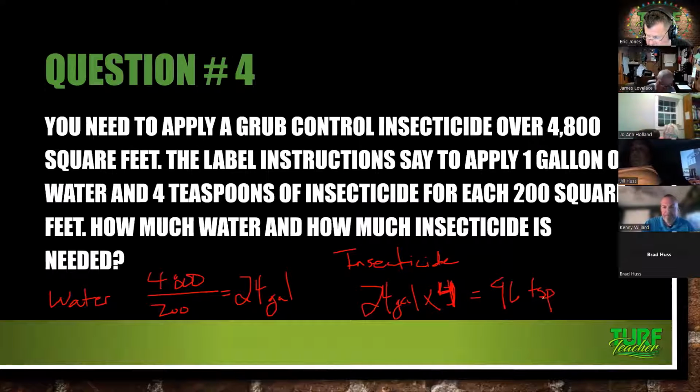I don't like it when we're dealing with such a small product per 24 gallons, so how many cups do we get? I'd really use volumes like that. How many teaspoons in a cup? 48 teaspoons is a cup. So 48 will go into 96 twice, so it'll give us 2 cups.